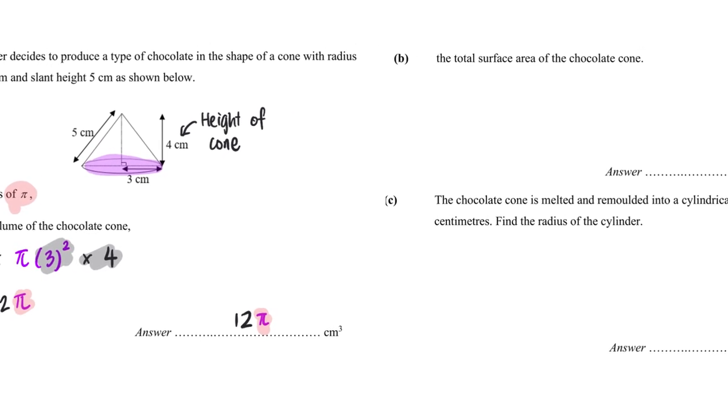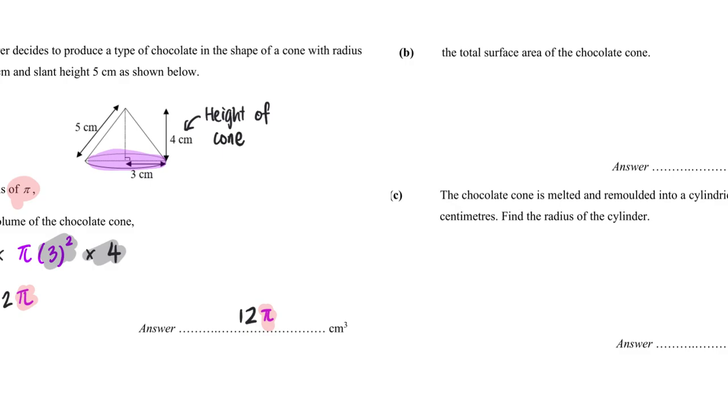The total surface area of this cone. Alright, so now that we have all the necessary dimensions, for the total surface area, of course, we need to include that circle, and that circle is pi r square. We also need to include the curved surface area, which is equals to pi times the radius 3 times my slant height here 5.